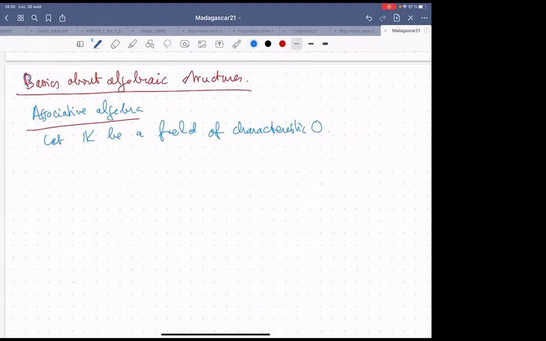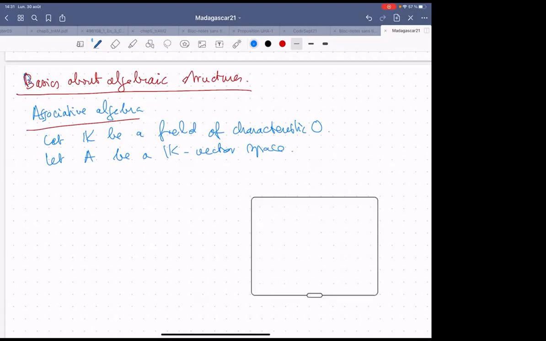Now let A be a K vector space. Then what we call an associative algebra is a pair (A, mu).